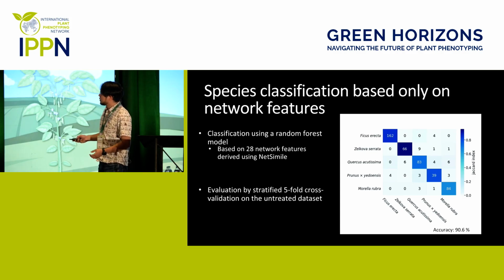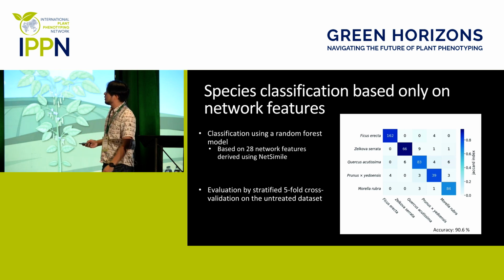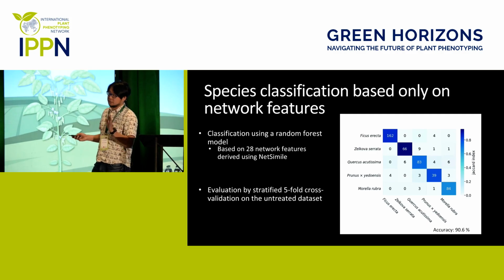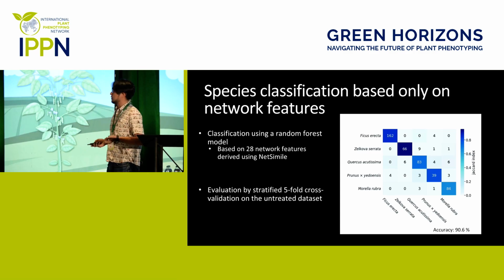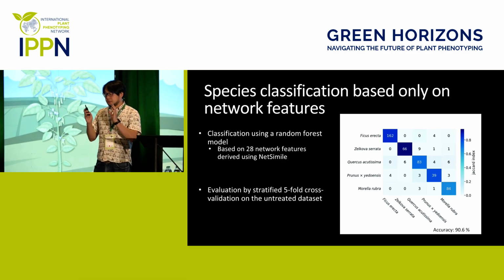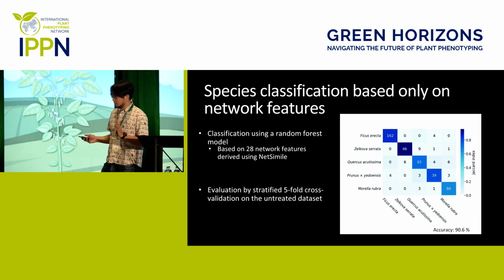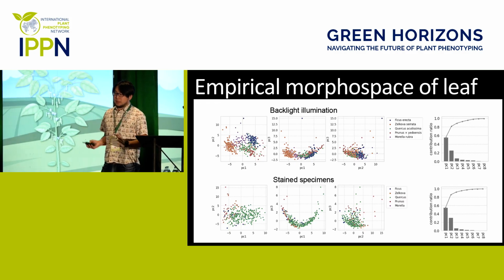Here we just use a random forest model to classify these 5 species from the network features. In this analysis, the random forest model can classify the 5 species with about 90% accuracy. So it means the network features have enough information to distinguish these 5 species. It's just a demonstration, so let's move on to our main result.